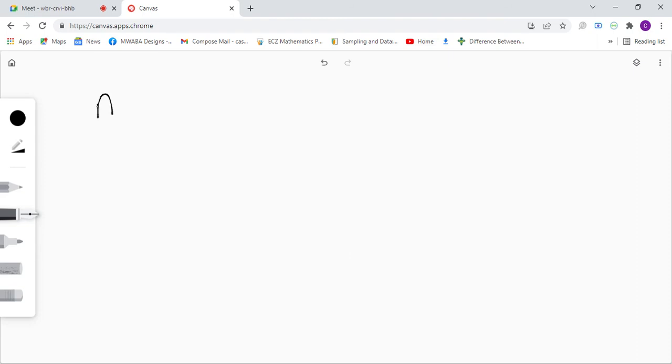All right. So we say a plus b equals negative 3. And then we also have, what was the other equation? Let me just check it.